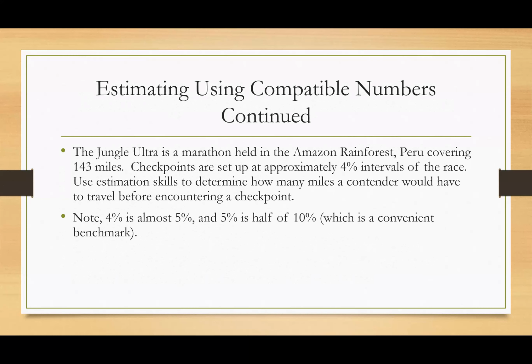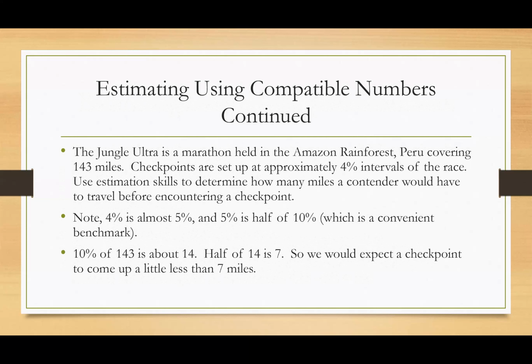So we want to think about the fact that 4% is almost 5%. And 5% is half of 10%. 10% is what we call a benchmark because it's a nice, easy number for us to work with. So 10% of 143 miles is about 14.